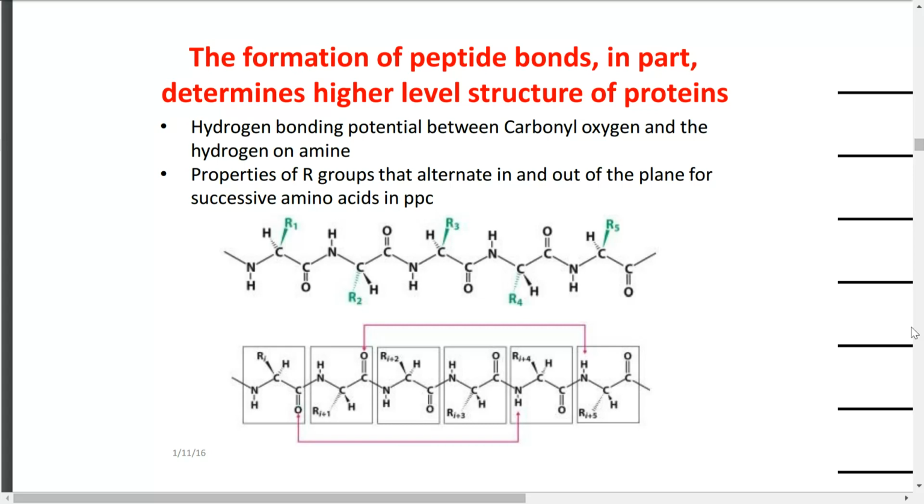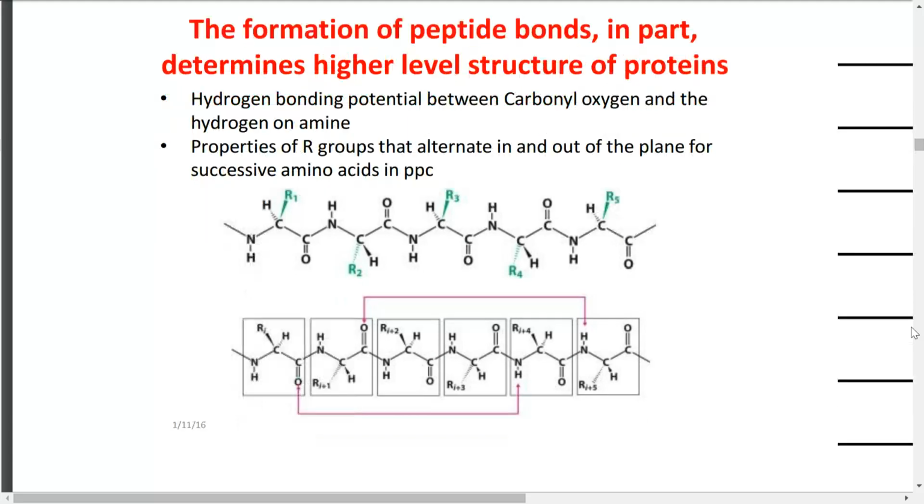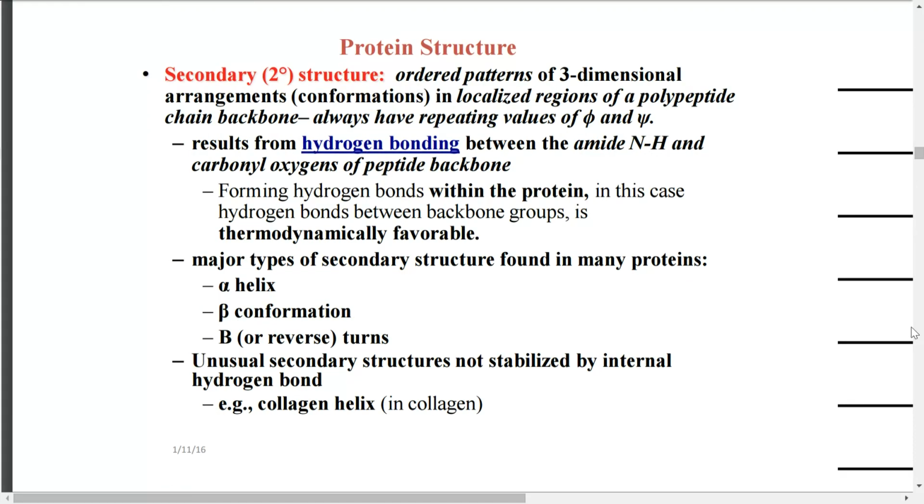This is going to lead to this spiral known as the alpha helix. So whether we're talking about an alpha helix or a beta sheet, we're looking at highly ordered structures due to hydrogen bonds between those two atoms, the carbonyl oxygen and the hydrogen on the amide. It's just hydrogen bonding, but many of these hydrogen bonds can be quite strong.